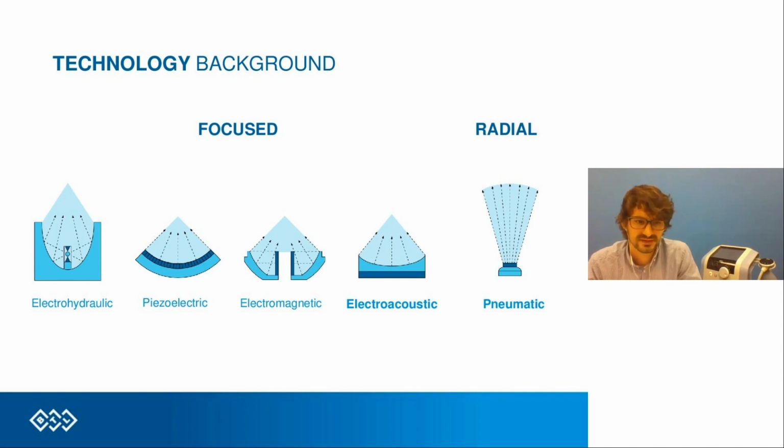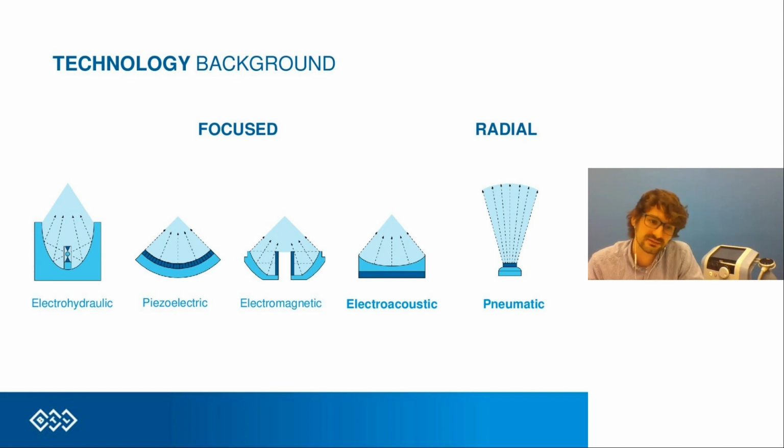The first focused shockwave devices, developed in the 1980s, were the so-called electrohydraulic devices. These are the oldest devices on the market. They are very powerful and produce a very strong shockwave, with very high pressure.